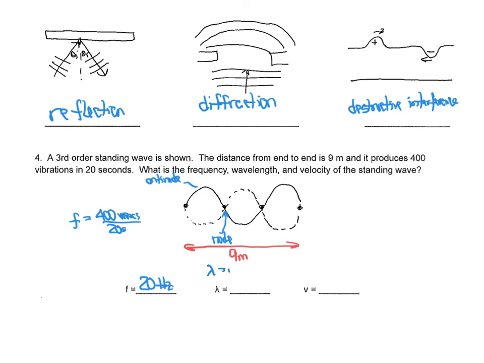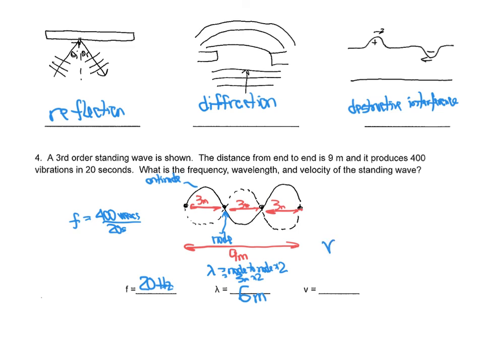So if this is 9 the whole way, then what's node to node? Well, hopefully you recognize that that's going to be 3 meters, right? 3 meters from node to node, because 3 and another 3 and another 3 give you the total distance of 9. So that's node to node times 2, so that's 3 meters times 2, or 6 meters for wavelength.